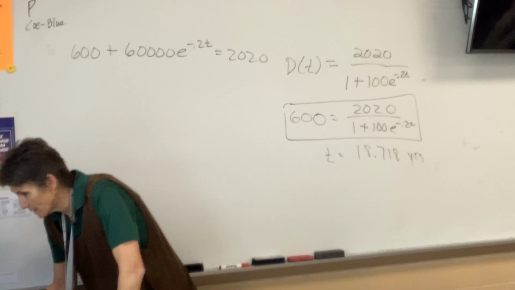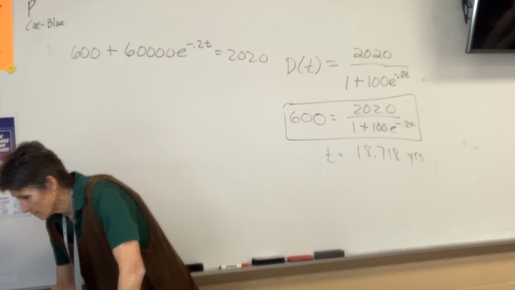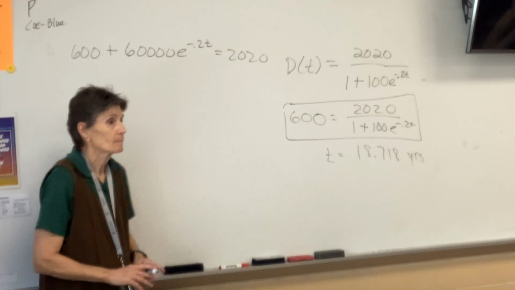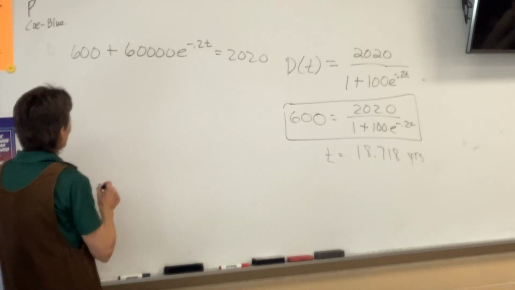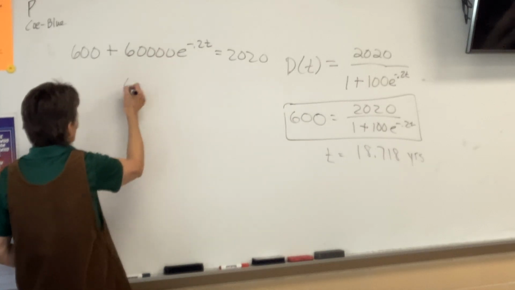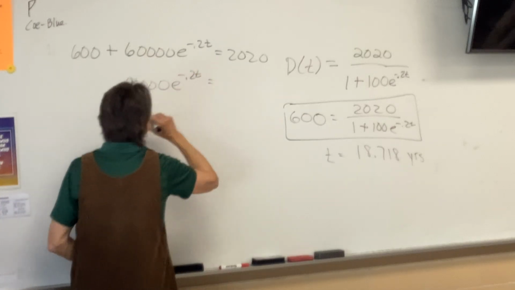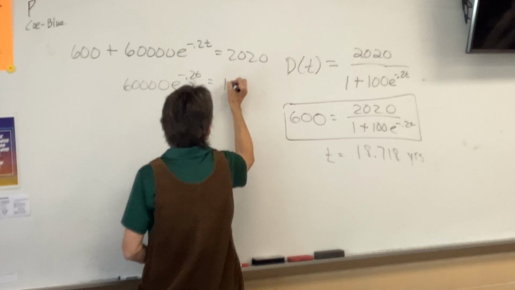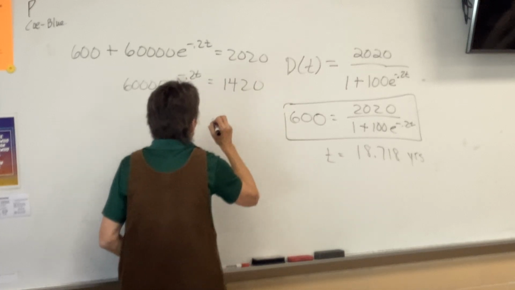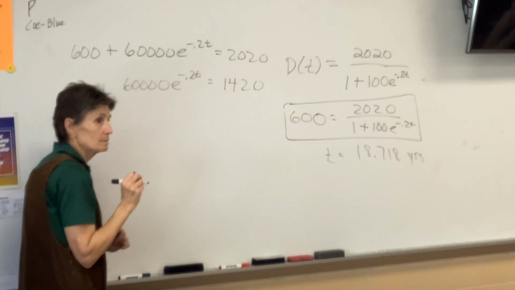Okay, now what would I do? How about, let's subtract that 600 over. So what is that? Now what?